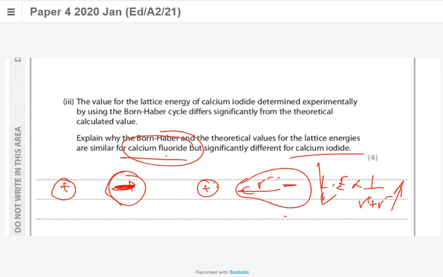Therefore, calcium iodide has a greater degree of covalent character, and calcium fluoride has a greater degree of ionic character. Calcium fluoride, greater degree of ionic character, and calcium iodide, greater degree of covalent character.